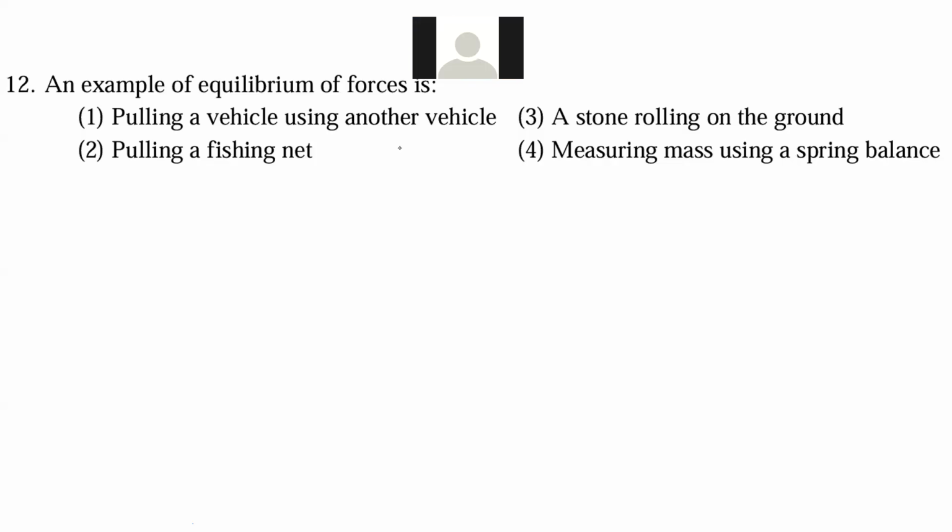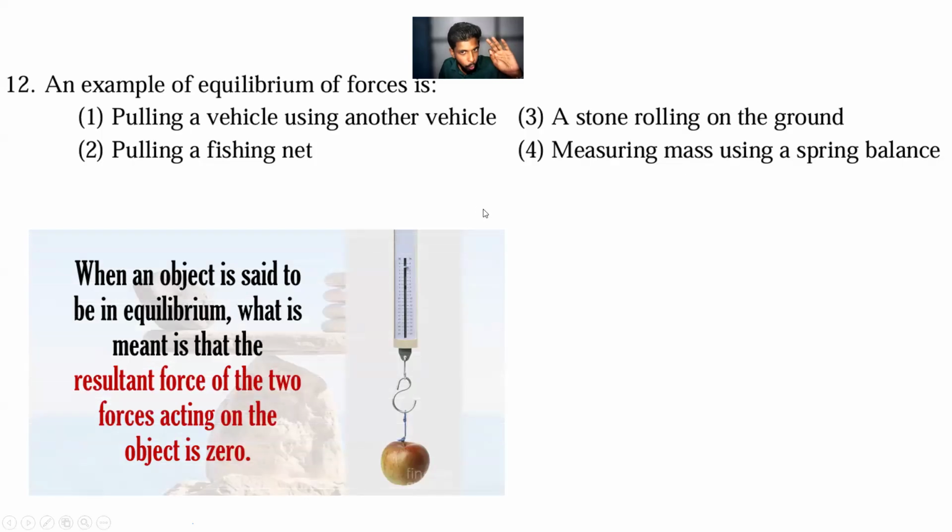So the first one and the fourth one look a bit the same, like pulling a vehicle using another vehicle. That means you want to check here whether the object is moving or not. In equilibrium the object is at rest. So in the first one the vehicle is moving, so that is not the option. Pulling a fishing net, pulling, moving, that is not the answer. Stone rolling, not the answer.